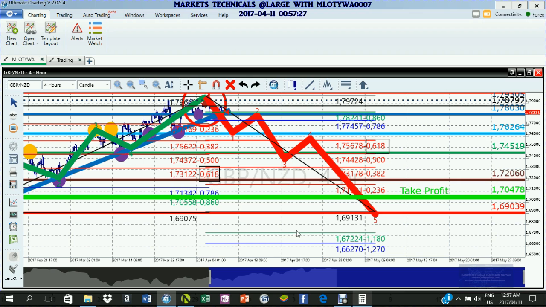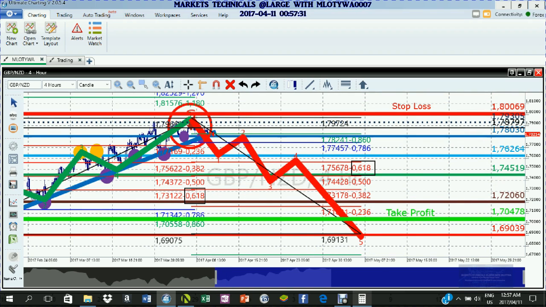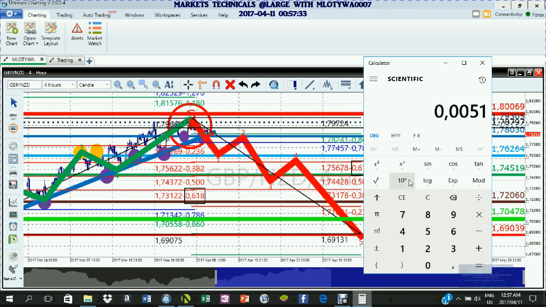Let me move this one this way so that it does not interfere with my values. That's 1.7821, guys, minus this one, which is 1.7047.